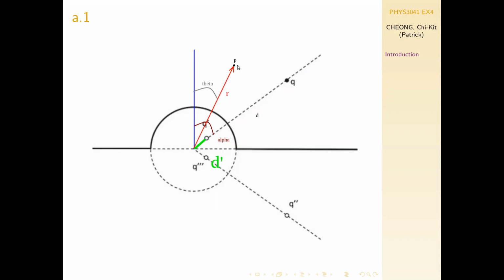Then in the problem, we first need to solve for the potential everywhere.